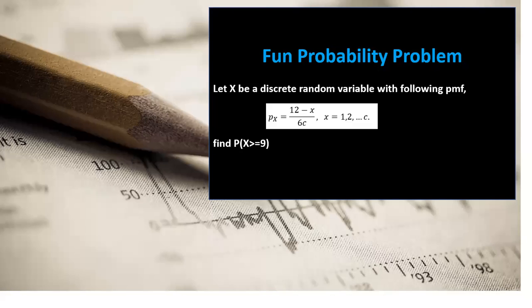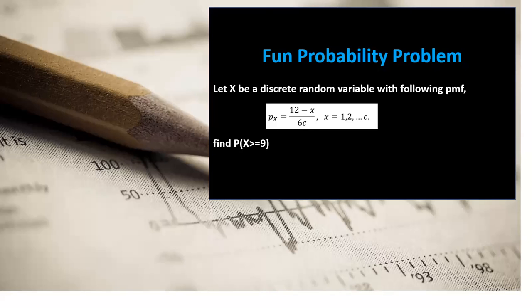Today we are going to work a problem very similar to the one we worked in the other videos. This one tells us X is a discrete random variable with the following PMF. I want to find the probability X greater than or equal to 9.